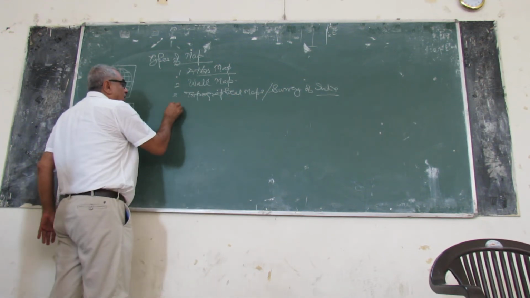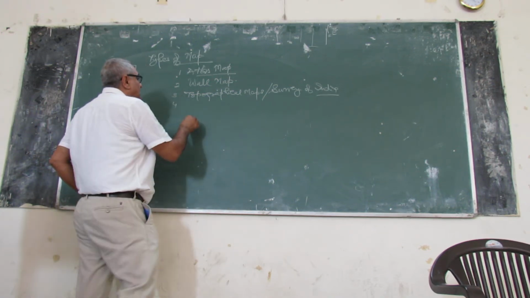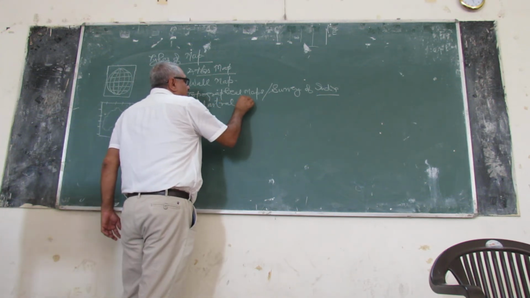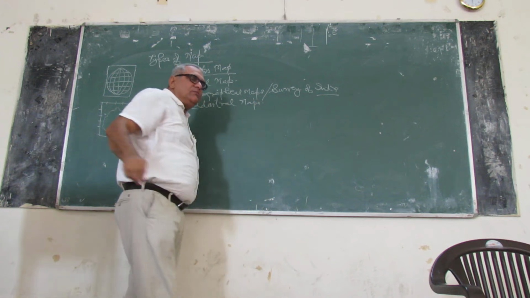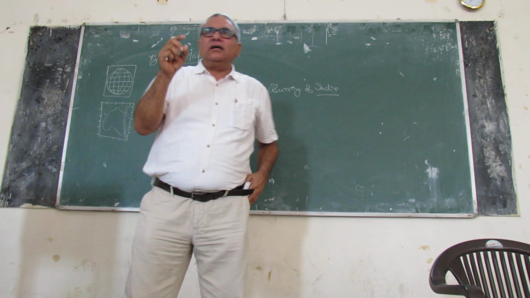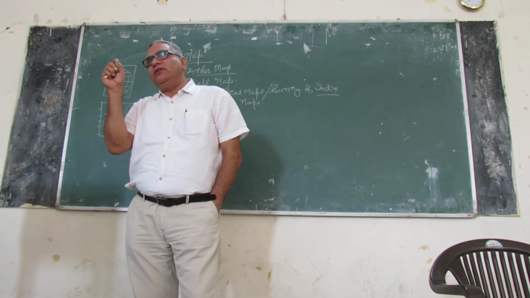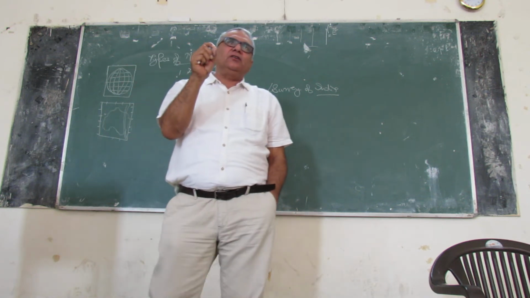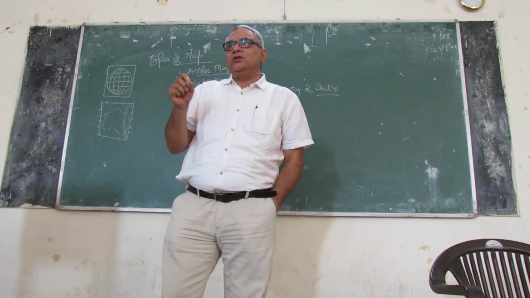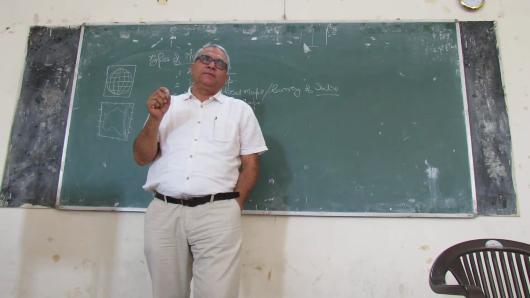But apart from that, we have further information with more precision, that is the cadastral map. Cadastral maps are generally the maps which explain each and every inch of the land with proper use on the paper. So on the paper we show the land use with perfect precision.